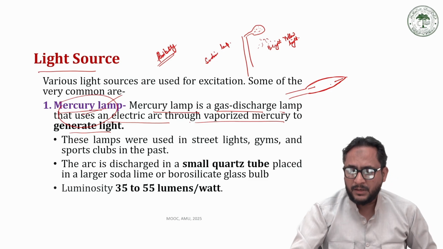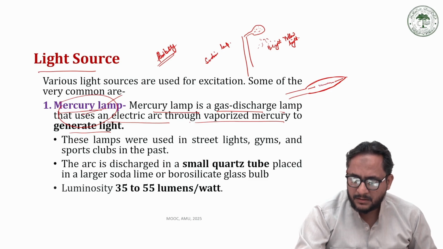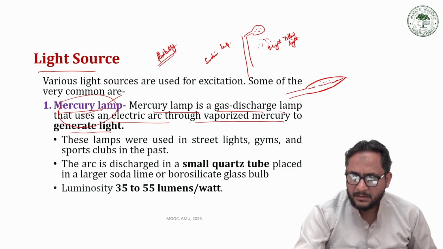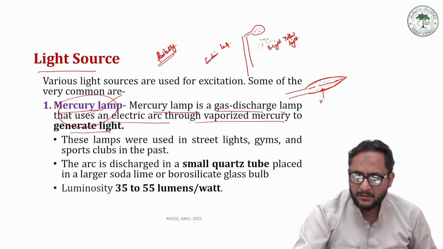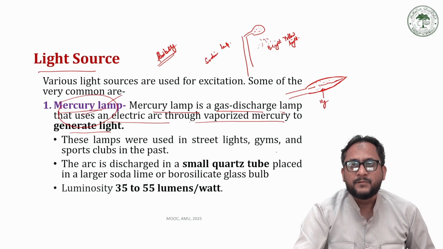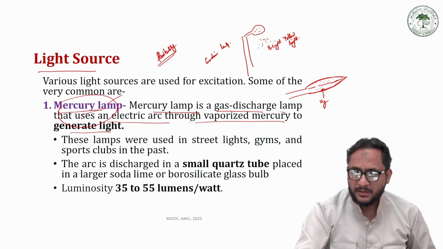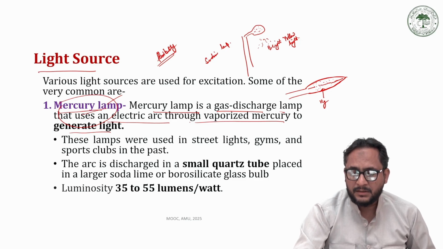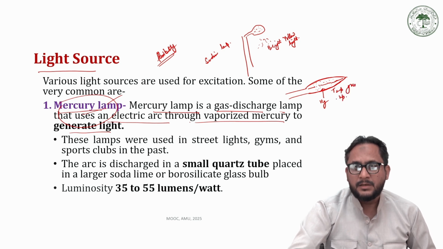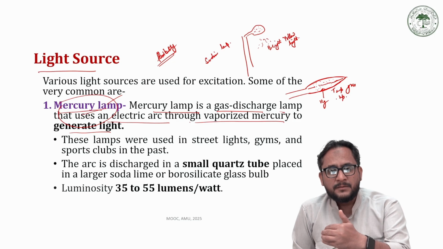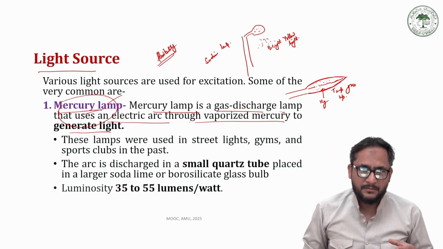Between the two electrodes, an electric arc is created, and the chamber is filled with mercury, which is vaporized very easily. Once the electric arc is created, the temperature goes up and the mercury is transformed into a vaporized state and generates light.